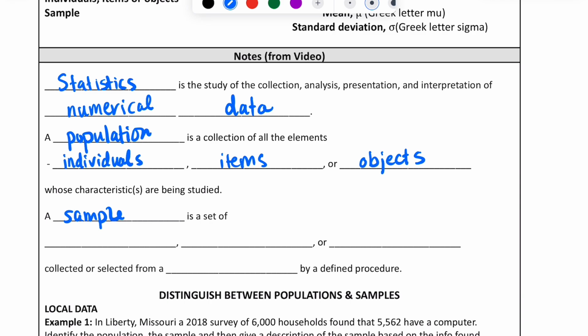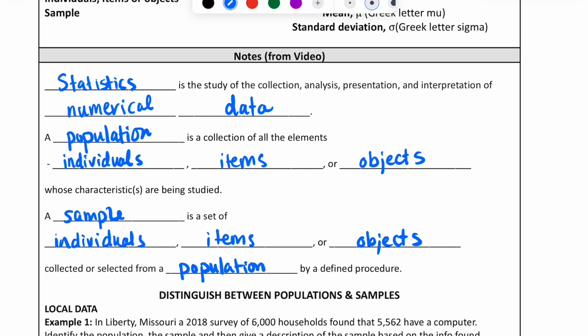So what we usually settle for is taking a sample of the population. A sample is the set of individuals, items, or objects collected or selected from a population by a defined procedure.